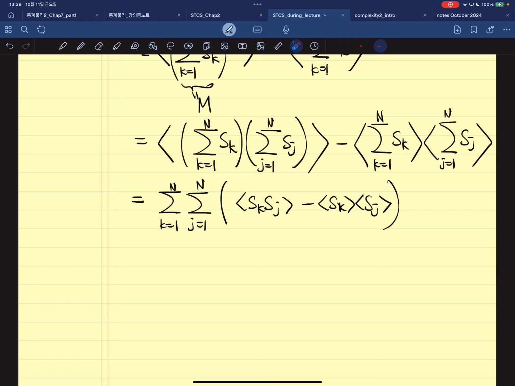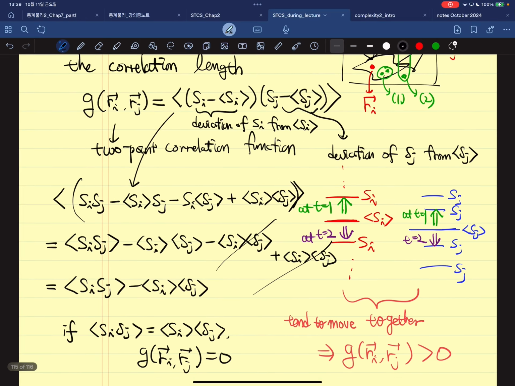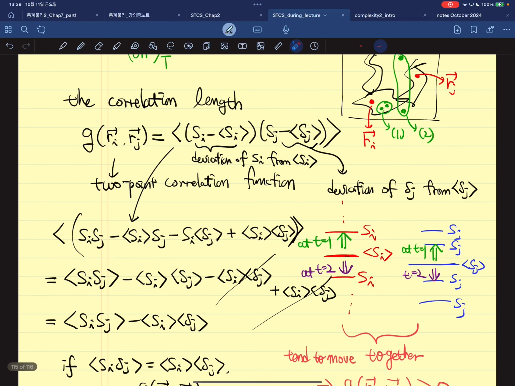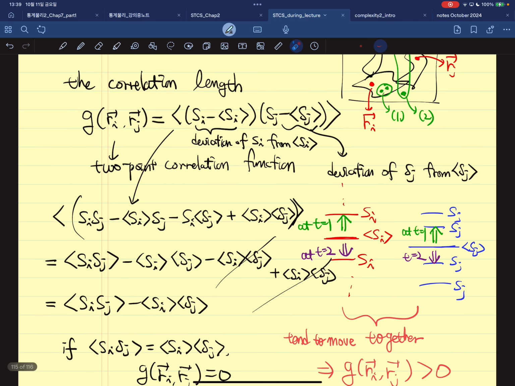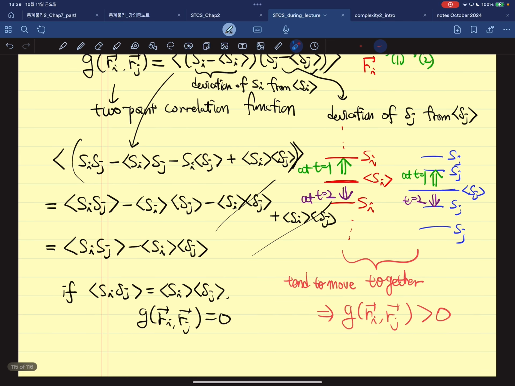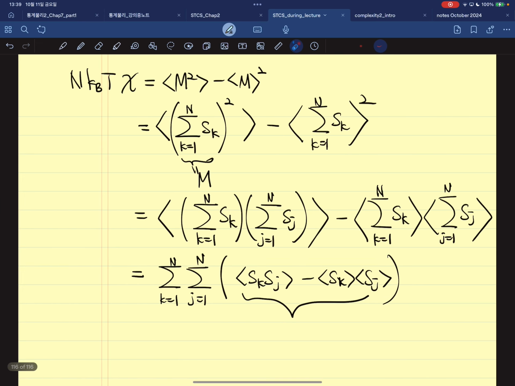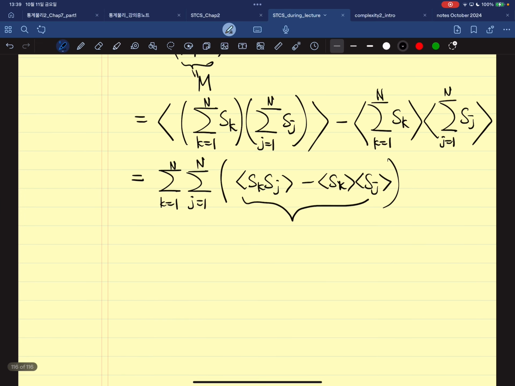In fact, we already learned what this is: the correlation function, but the only difference is that instead of using the i index, we use the k index here. So this is the correlation function between site k and site j.